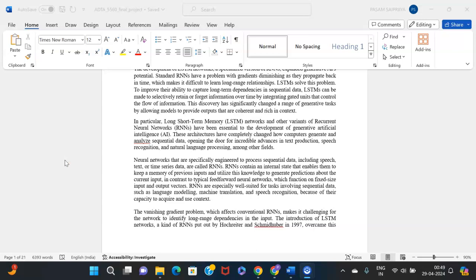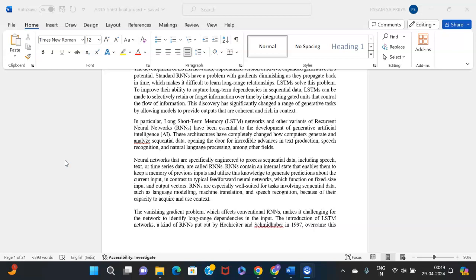Neural networks that are specifically engineered to process sequential data, including speech, text, or time series data, are called RNN. RNN contain an internal state that enables them to keep a memory of previous inputs and utilize this knowledge to generate predictions about the current input, in contrast to typical feed-forward neural networks, which function on fixed size input and output vectors.